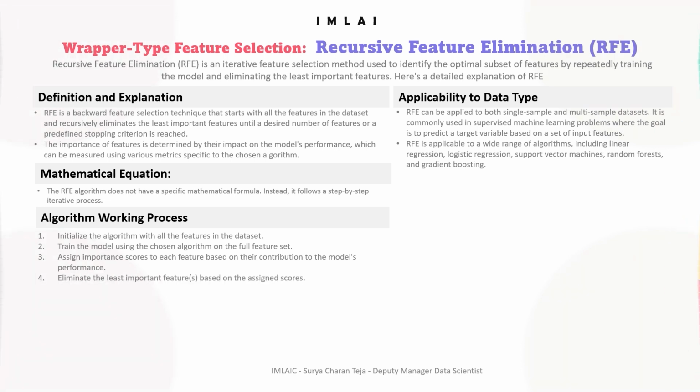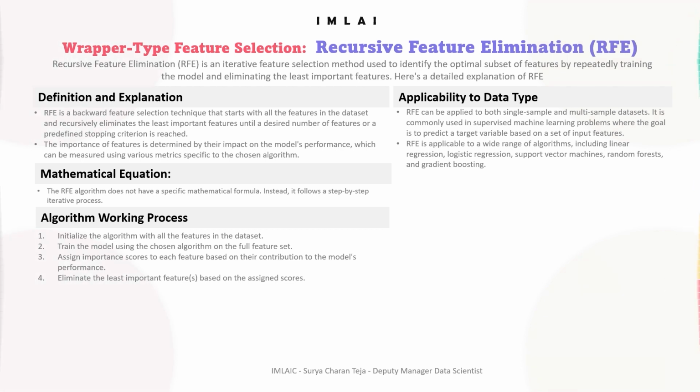Then, obviously, you have to repeat steps 2 to 4 until a desired number of features or stopping criterion is reached. It's nothing but you have to keep on repeating. So you have to train the model using the chosen algorithm, then assign importance scores to each feature based on their contribution to the model's performance, and eliminate the least important features based on the assigned scores.